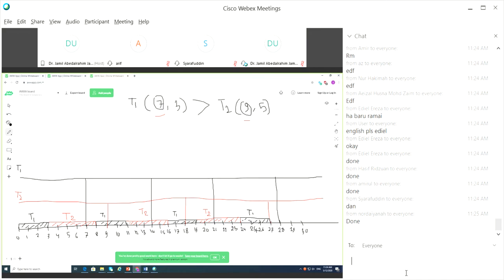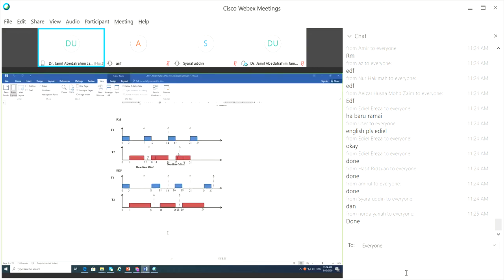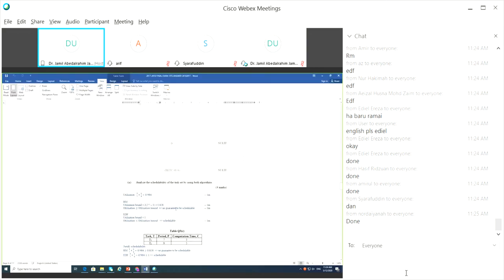Basically, this is the main idea, how to compare between RMS and EDF. To analyze the schedulability, I repeat, you have to find the utilization: the capacity divided by the period for the first task, plus the same for the second task.